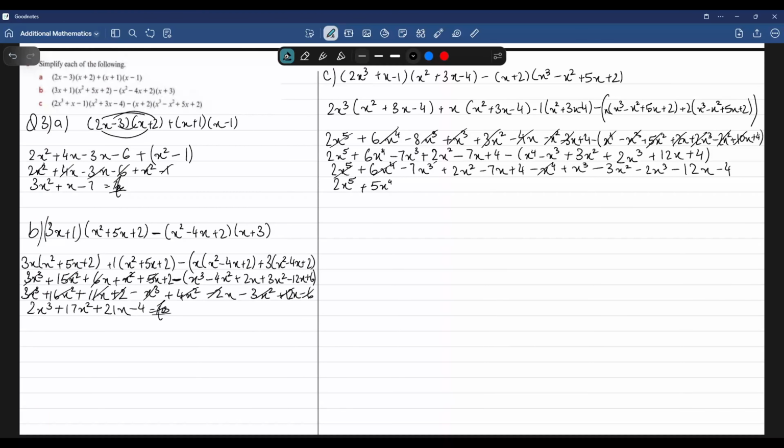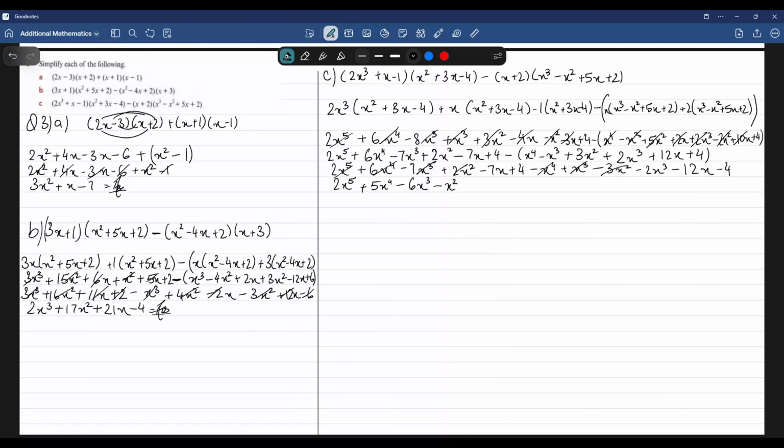Then we have the cubes: negative 7x cubed plus 1x cubed would give us negative 6x cubed. Then we have 2x squared minus 3x squared would give us negative x squared. And I think I made a mistake, 7x cubed plus x cubed.